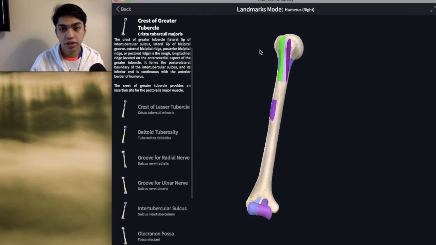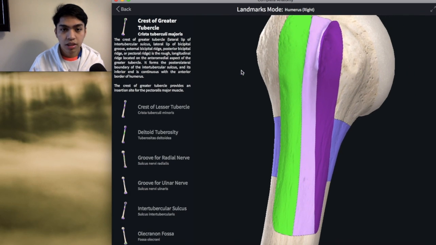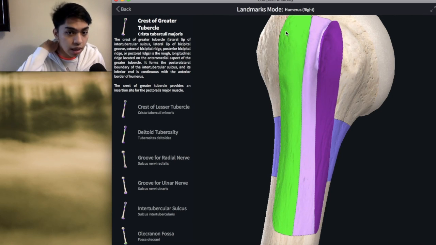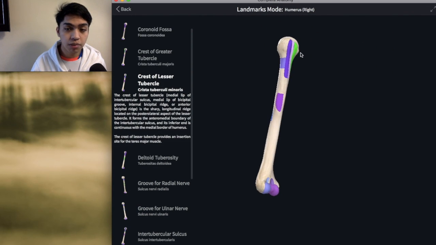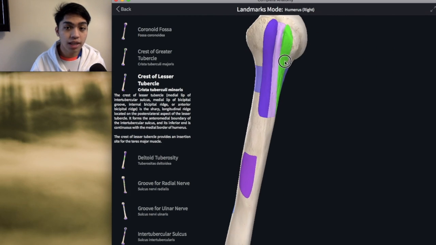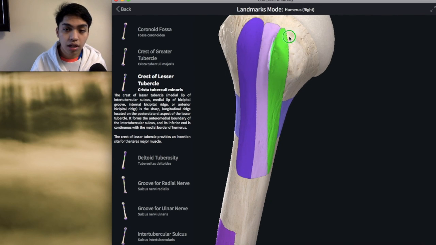The crest of the greater tubercle, highlighted in green, is the longitudinal ridge located on the anteromedial aspect of the greater tubercle, and it provides the insertion site for the pectoralis major muscle, whereas the crest of the lesser tubercle is on the posterolateral aspect of the lesser tubercle.